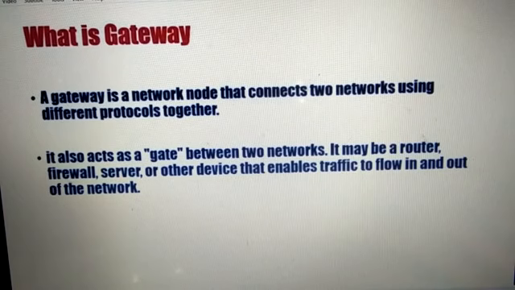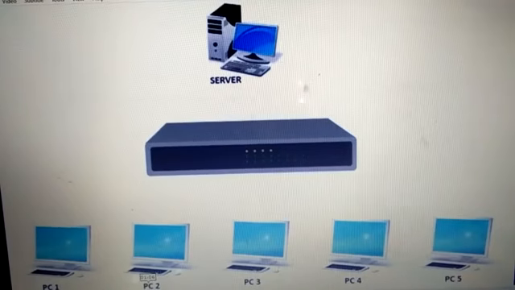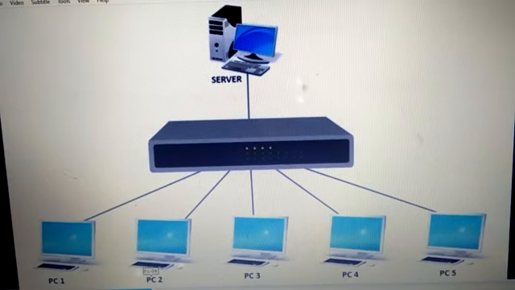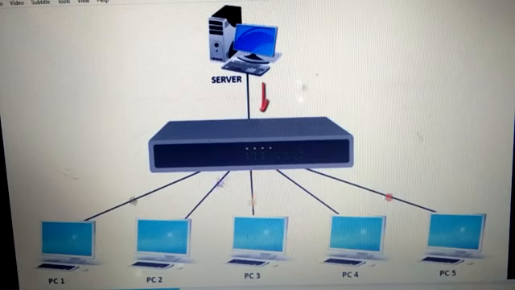For example, let's understand with a video. So this scenario I already showed you prior for the switch also, children. So what happens if all these computers are connected with each other with the help of the switch? If I want to give any information to travel from server to PC1, it can happen, it will go through the switch. Okay. And if I want to see that this yellow ball goes from PC2 to PC3, it is going to the switch.